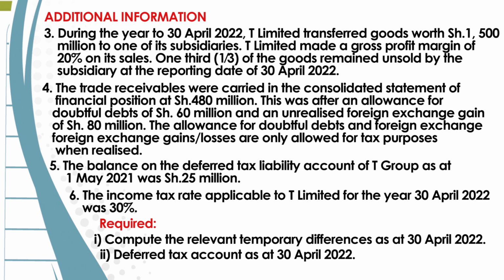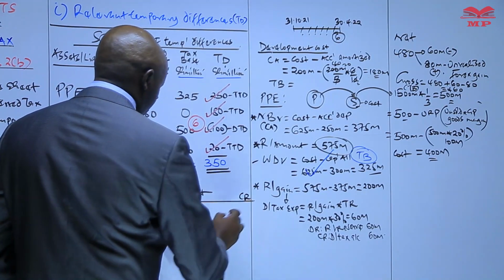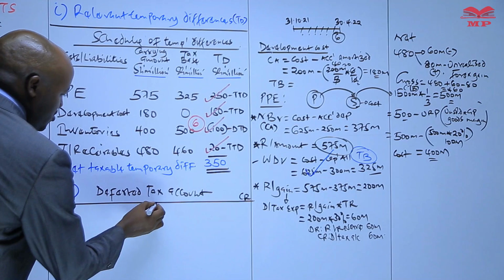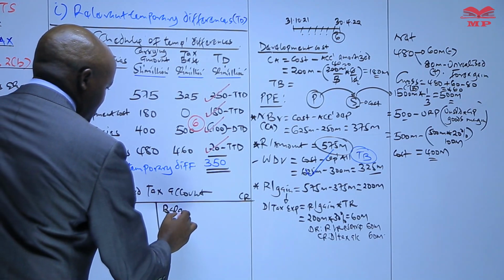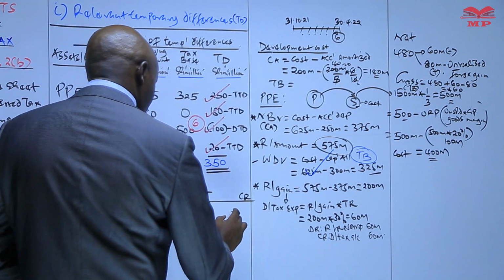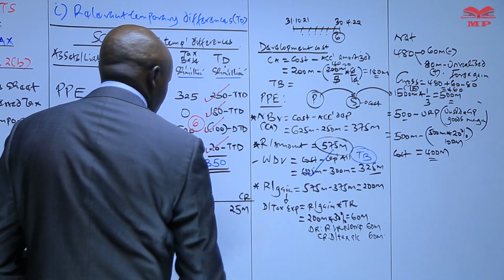I hope you can see we are told that is a deferred tax liability, and because it's a deferred tax liability, we record it as the opening balance in this account. On which side? On the credit side, because we know all liabilities have an opening credit balance. So the balance brought down is 125 million.